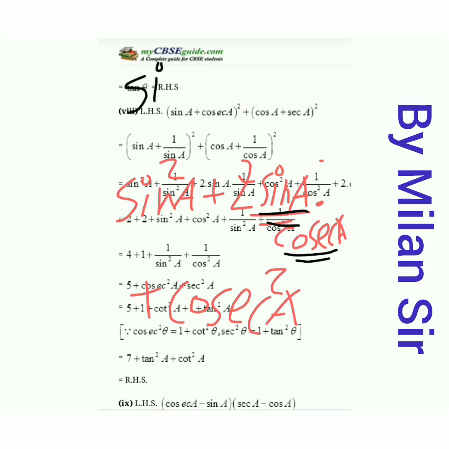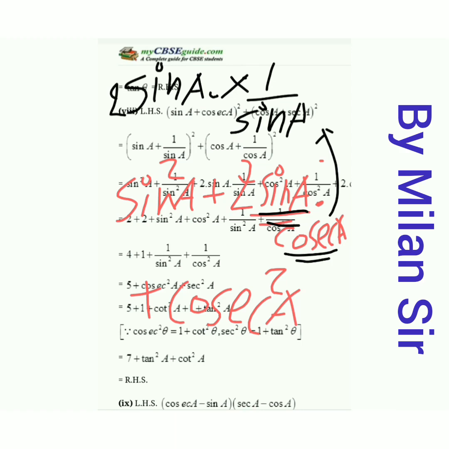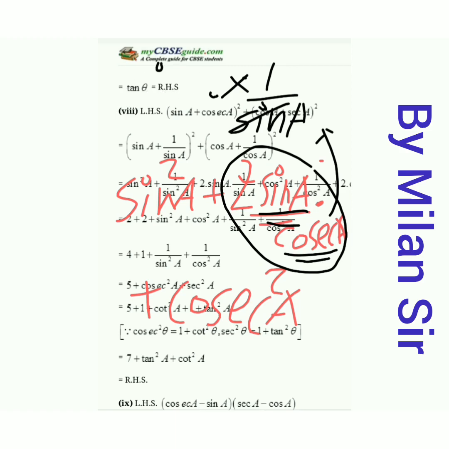Otherwise, we can also simplify it. Here sin A is there. In place of cosec A, we can write 1 upon sin A, because sin is the inverse of cosec. So in place of cosec A, we can write 1 upon sin A, so sin A cancels out. So the final answer is 2. But we can directly write 2, because we know that sin and cosec are both inverses.